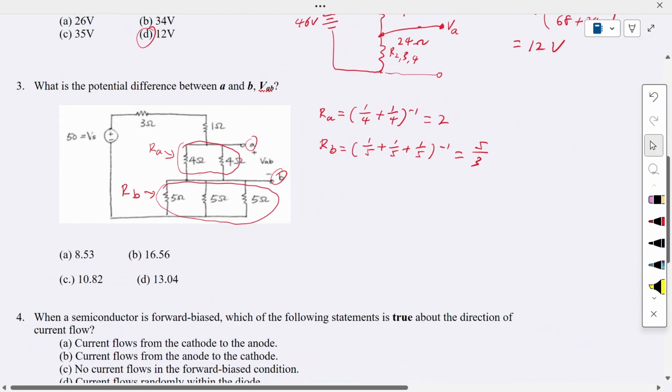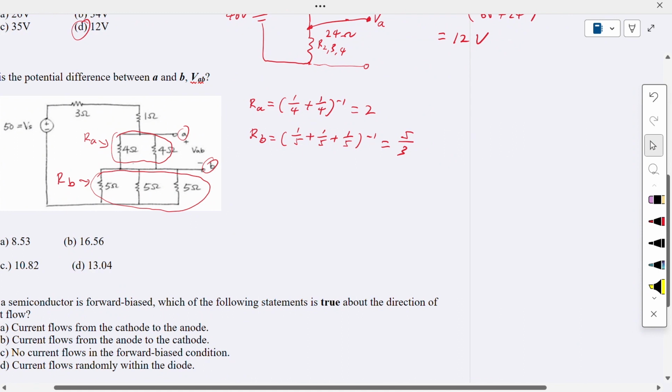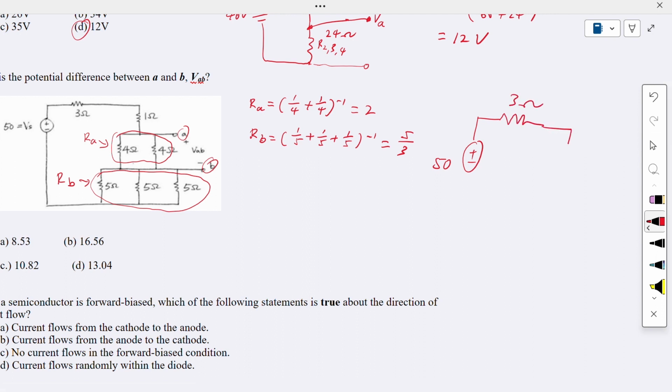Okay, now we can redraw the circuit here. We start with our voltage source, which is the 50 volt, connected to a 3 ohm resistor, and then to this 1 ohm resistor, then connected to our RA value, which is 2 ohm, and then connected to our RB value, which is 5 over 3 ohm.